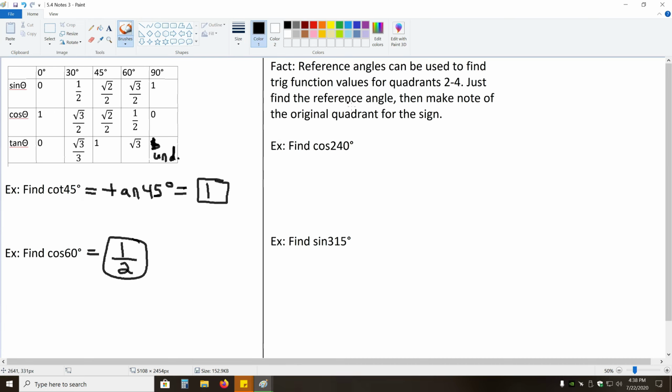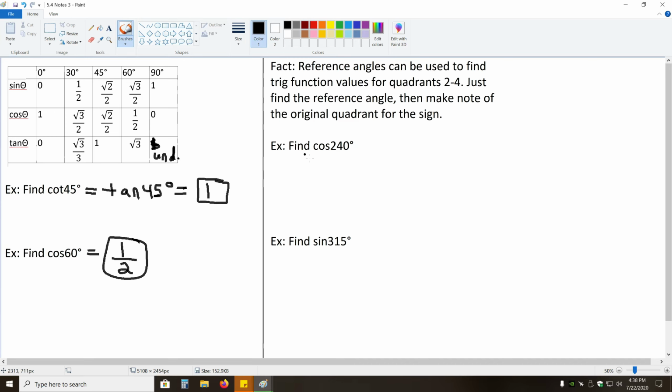Now from here, we say that reference angles can be used to find trig function values for quadrants 2 through 4. So remember, this is quadrant 1. All we have to do is find the reference angle, then make note of the original quadrant so we know whether the sign is positive or negative.